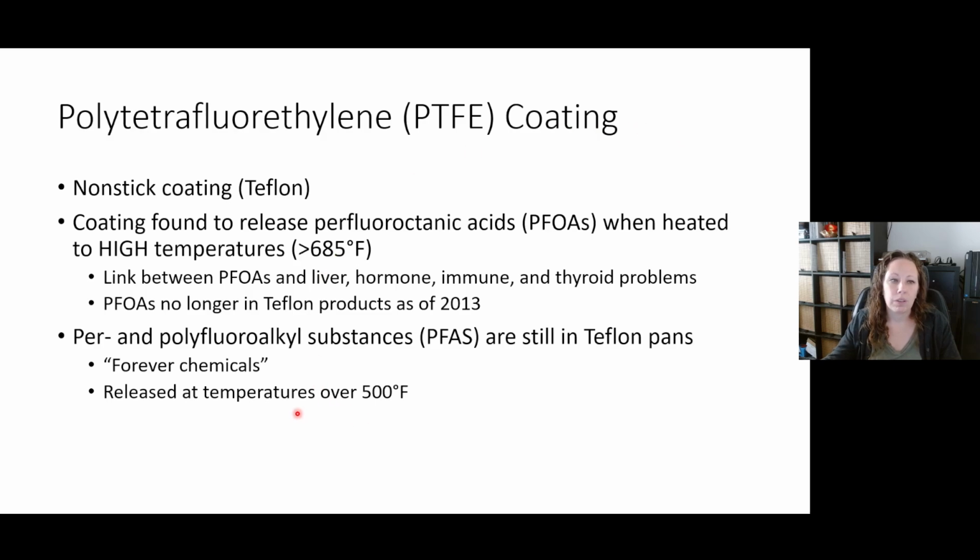Now, they are released at temperatures over 500 degrees Fahrenheit, which is pretty high, okay? You're not usually cooking at these temperatures. Certain PFAs can cause health risks even at very low levels. So not all of them cause major health risk, but some of them do.